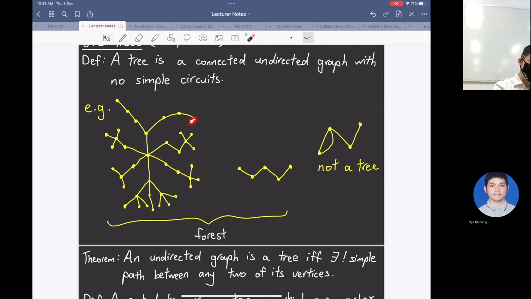Meaning you pick any two vertices in the tree, there's a unique path to go. There's only one way. And it is simple, meaning nothing is repeated. It's not like come back and then go forward. There are no multiple edges in your path. There's only one way to do it. Then this is called a tree.